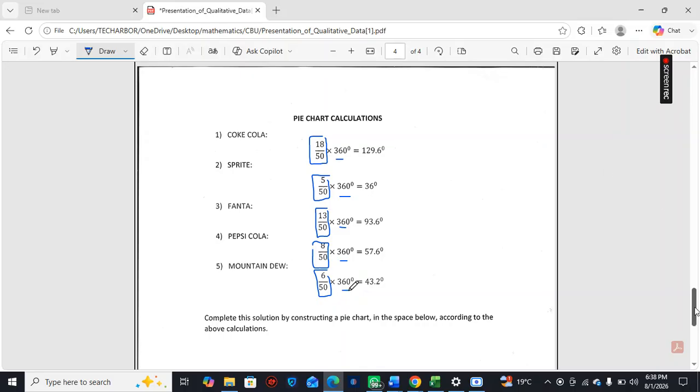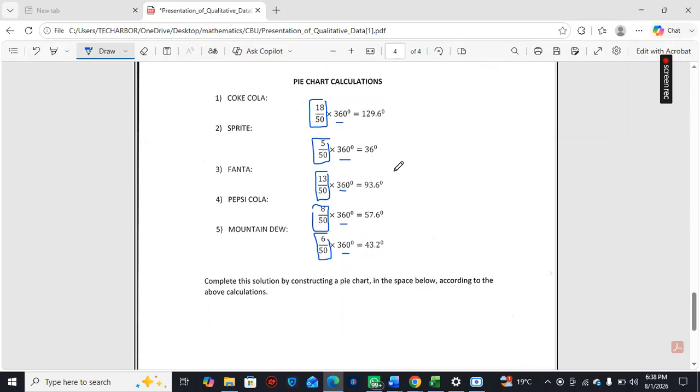Then you will need a protractor for these, colleagues, because for this one you just don't draw your circle anyhow. You need a protractor to measure out these degrees. So let me just draw an estimate of how our pie chart will look. I usually like to start by estimating.